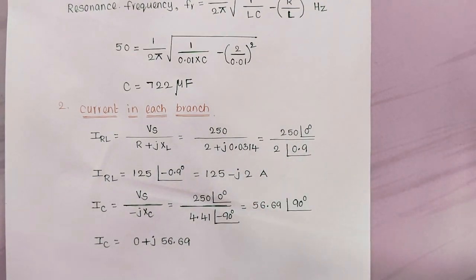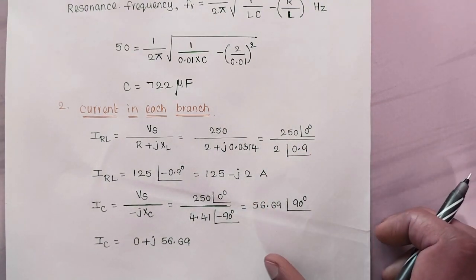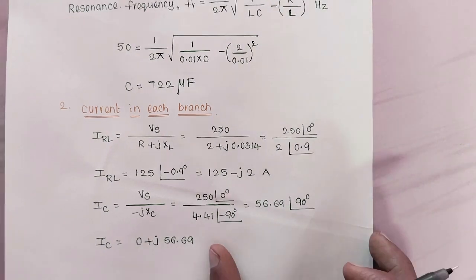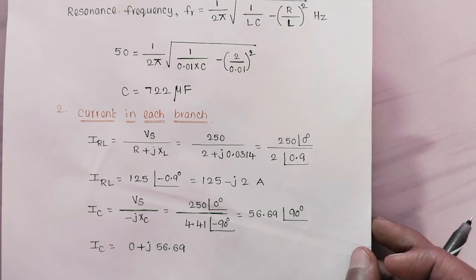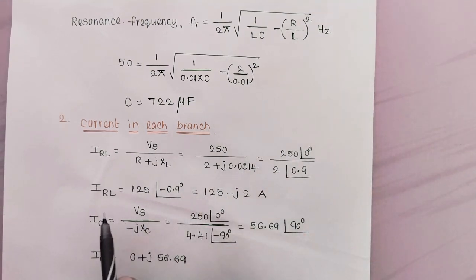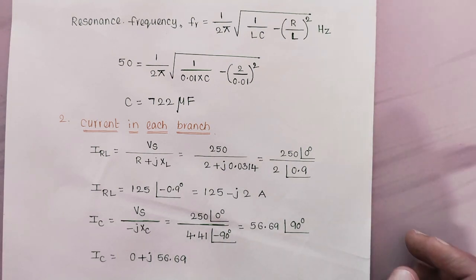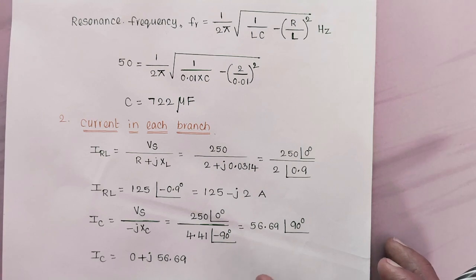So IC is equal to 0 plus j56.69 amperes. This is the current in the capacitor. So we know the current in the RL circuit is 125 minus j2 amperes, and the current in the capacitor circuit is 0 plus j56.69.